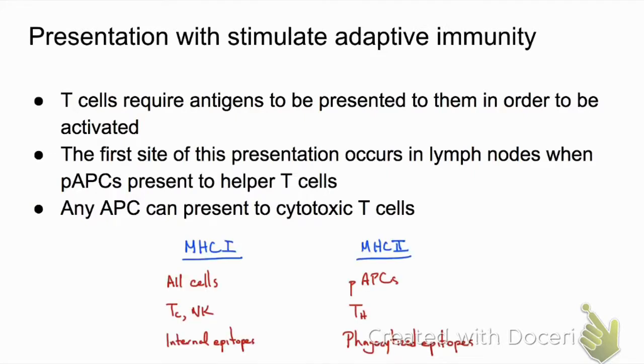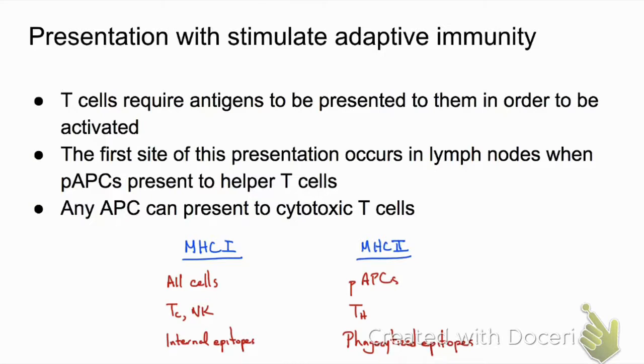And finally, to summarize the difference between MHC1 and MHC2 presentation, recall MHC1 will be found on all cells that contain a nucleus. And so in this respect, any cell can be an antigen-presenting cell. Specifically, MHC1 will be used to present antigens to cytotoxic T cells and natural killer cells.